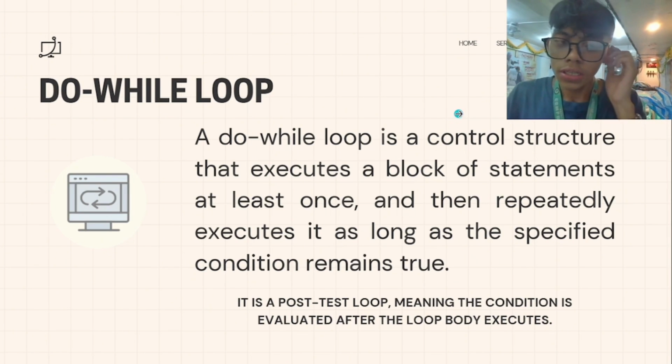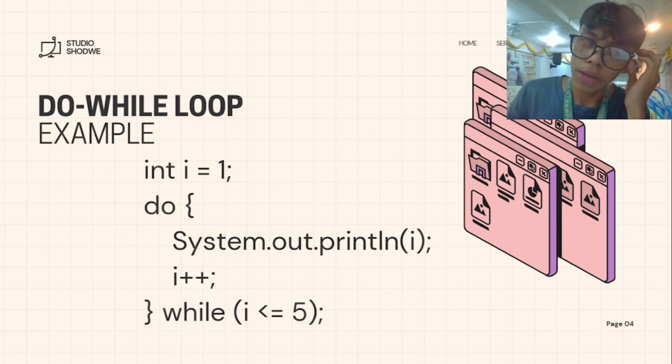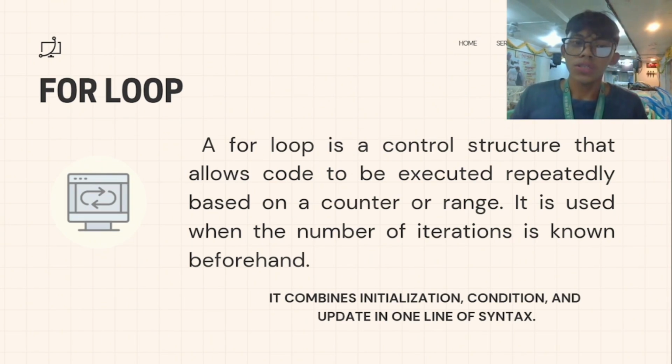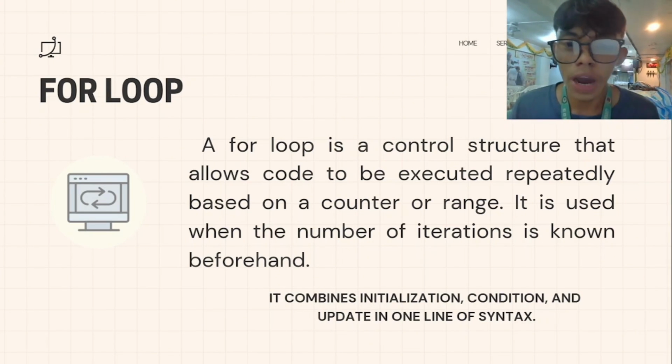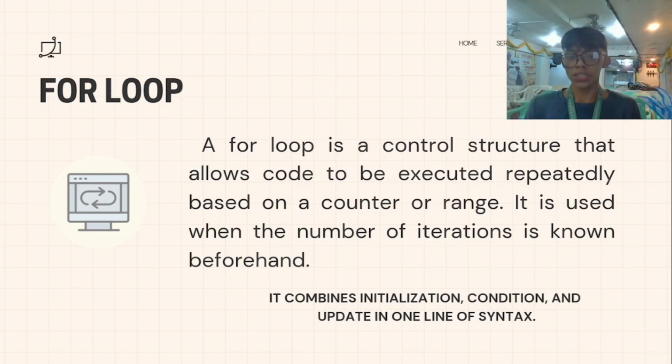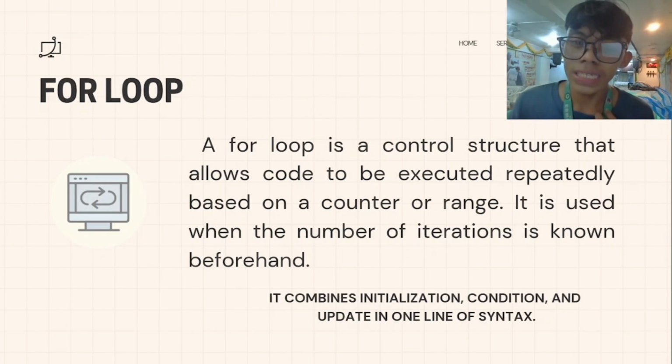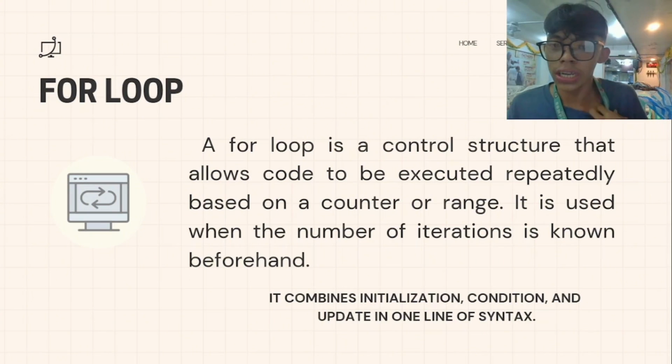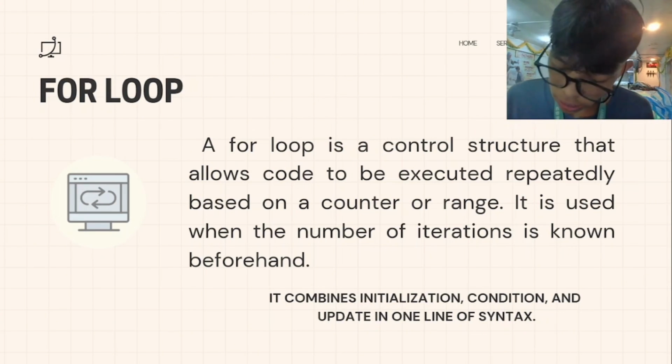So let's move on to our types of loops. Now we have the for loop. A for loop is a control structure that allows code to be executed repeatedly based on a counter or range. It is used when the number of iterations is known beforehand. It combines initialization, condition, and update in one line of syntax.